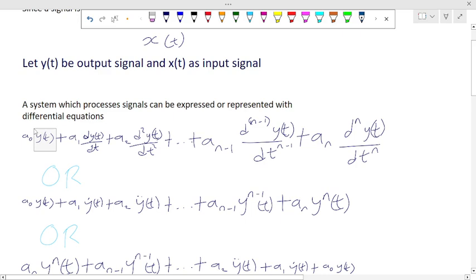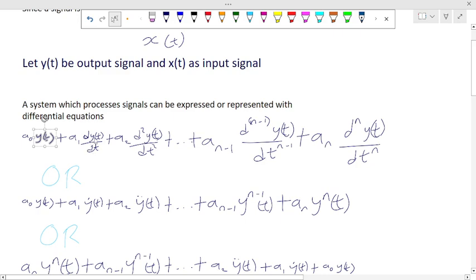y of t. Now to represent it in differential equation, we are just saying take the first derivative of y of t. So if you take the first derivative, differentiating y of t is simply dy of t over dt, or if you want to say dy dt, that's okay.